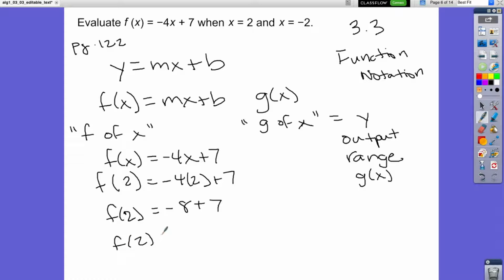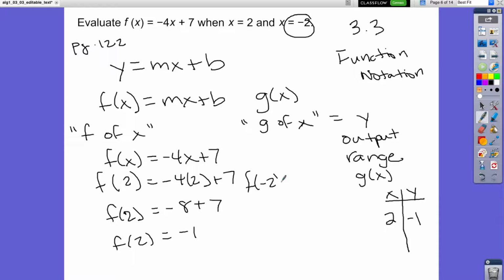So f of 2 is going to equal negative 1. Okay, another way that you guys have seen this has been a table, input-output table. So that means when x is 2, what's y? Negative 1. Good.